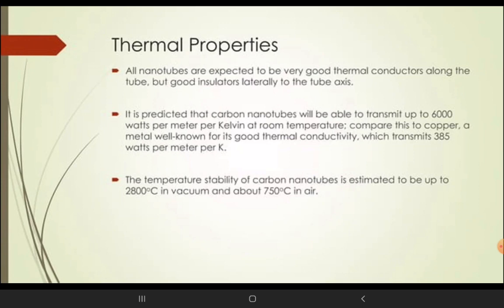Compare this to copper, a metal well known for its good thermal conductivity, which transmits 385 watts per meter per Kelvin. The temperature stability of carbon nanotubes is estimated to be up to 2800 degrees Celsius in vacuum and about 750 degrees Celsius in air.